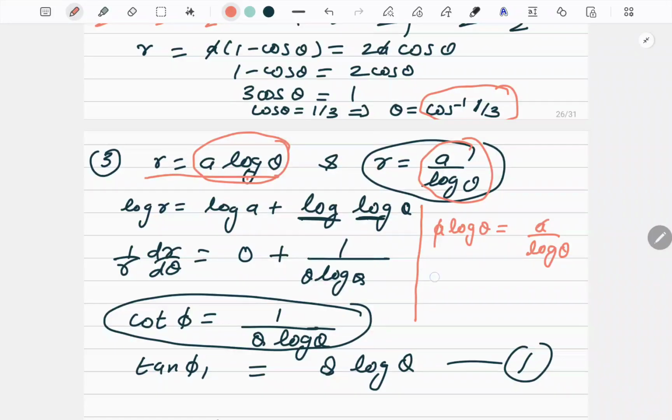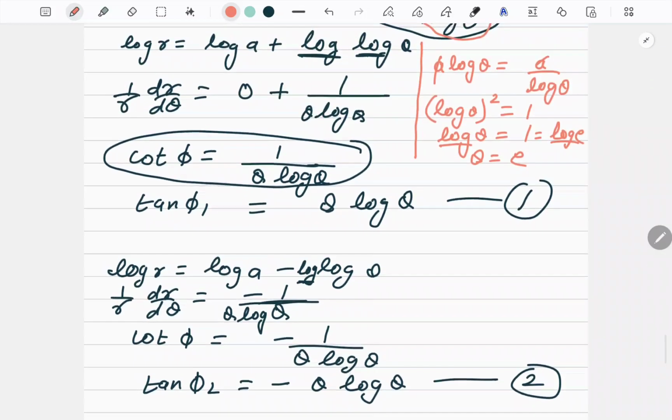A cancels. So log theta square is equal to 1. So log theta is equal to 1. So theta is equal to what? e. Because we know that 1 is log e, so log is gone and theta is equal to e. So theta is equal to e, I got.